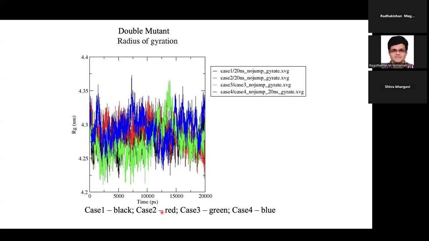The protein structure needs to remain in that shape for at least some period of time. What radius of gyration tells us is if the protein becomes globular or highly unstable and unwinds itself. When it does that, the radius of gyration will increase. But we see in all four cases the radius of gyration is not increasing so much. There is fluctuation, but we don't see many global changes. So it's a very stable setup.